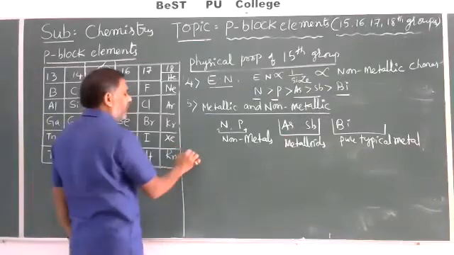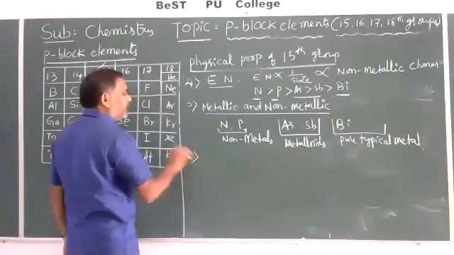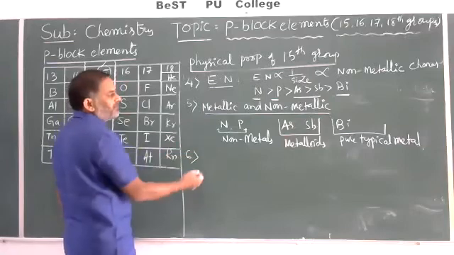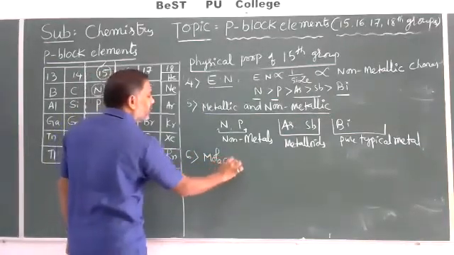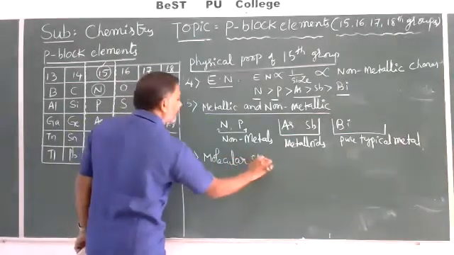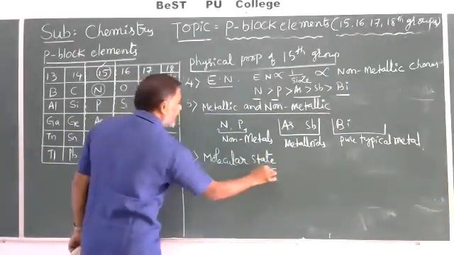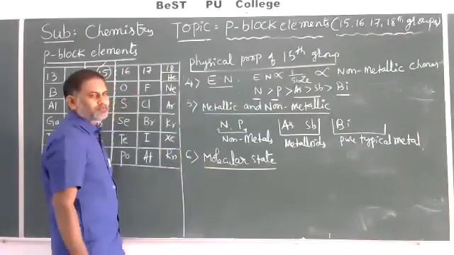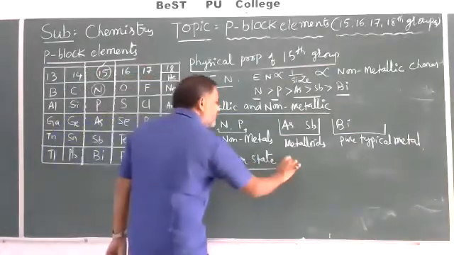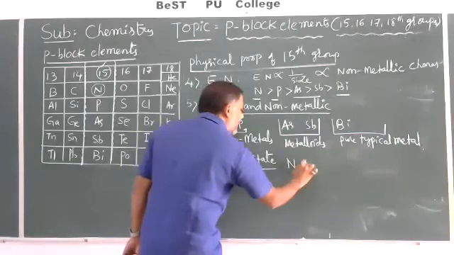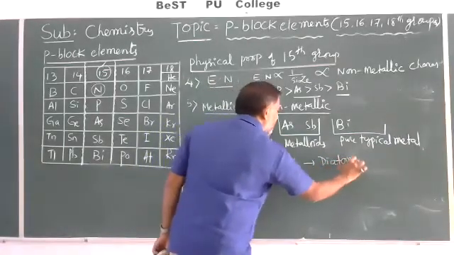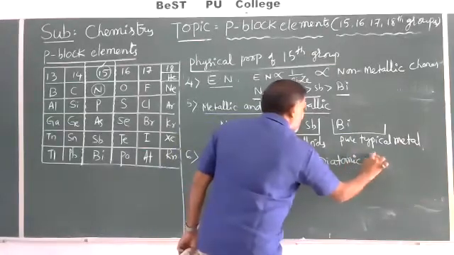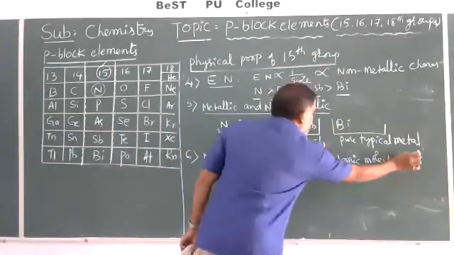After metallic and non-metallic characters, next is the molecular state of 15th group elements. Nitrogen exists as a diatomic gaseous molecule.